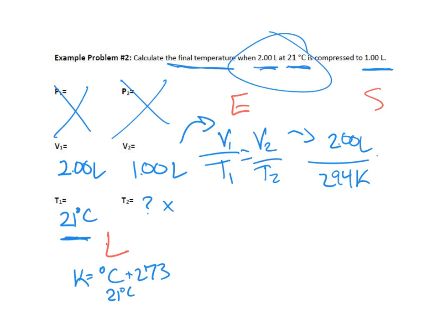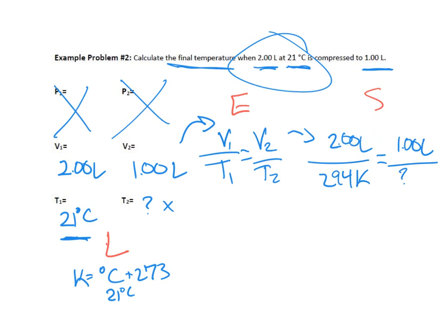Second part is then that all equals our second volume, which is 1.00 liters, divided by our unknown, our mystery, our T2. So before we did the cross multiplication method where we took this number, we multiplied it by this number, then we divided it by this number, and that gave us this answer.